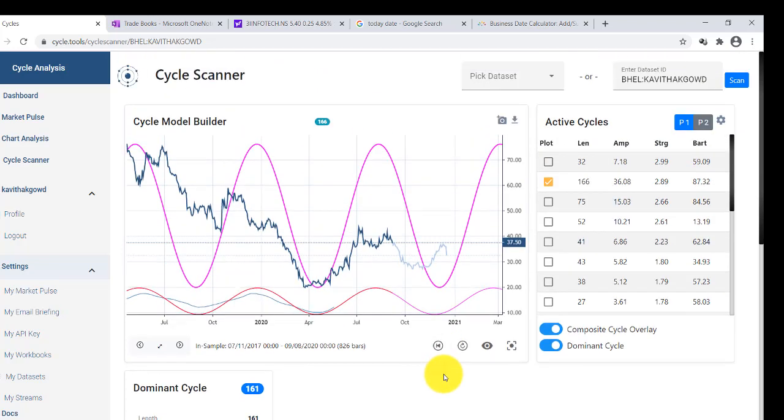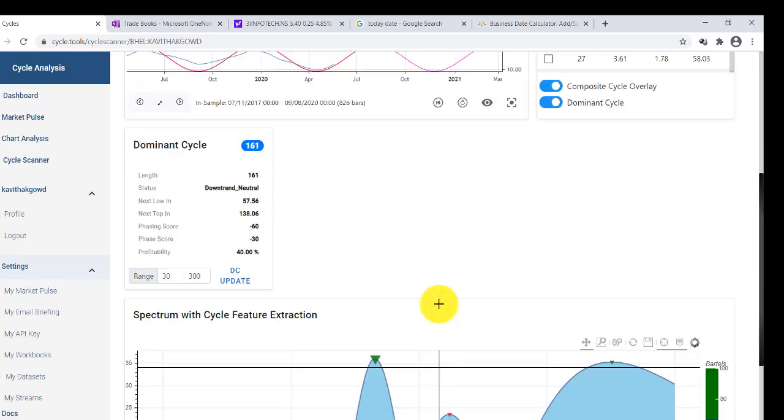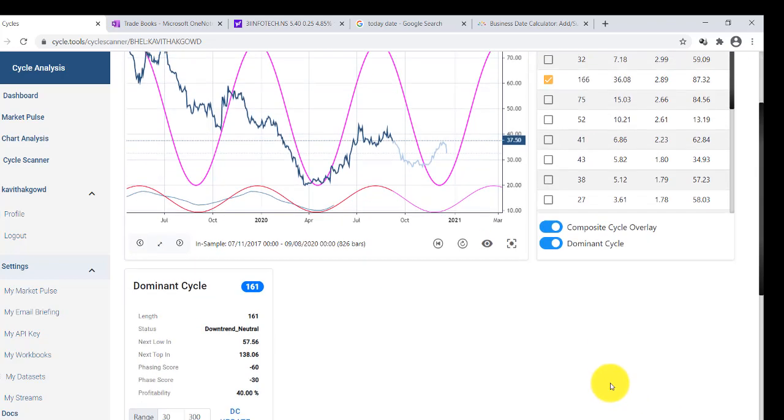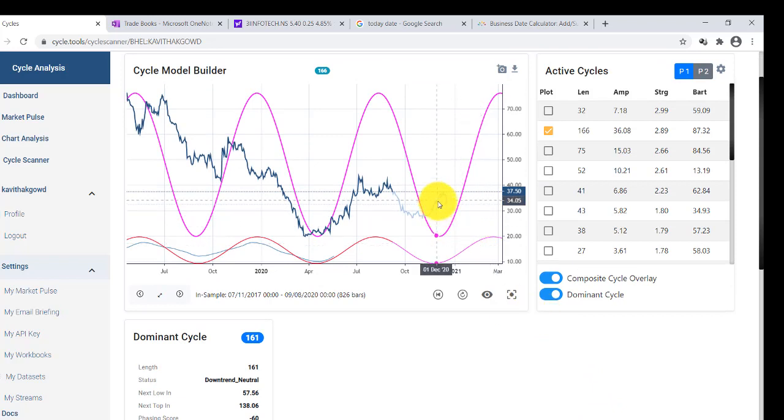But when we applied the multiple cycles, we have seen that from 31st December it is going to move upwards. So we apply the same logic to other stocks too, and we come to a conclusion.